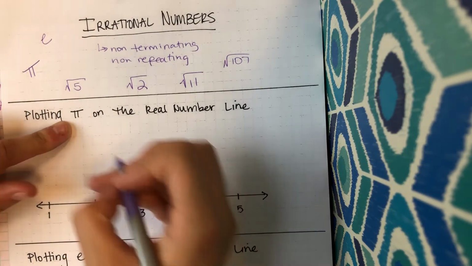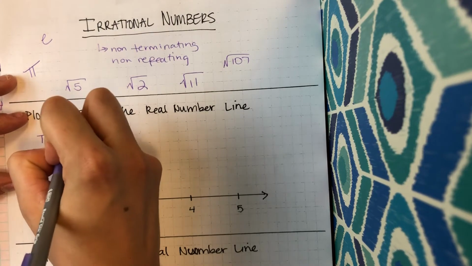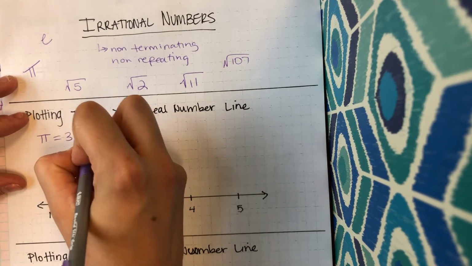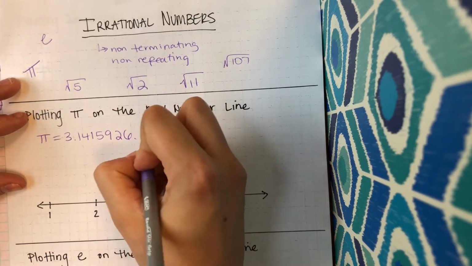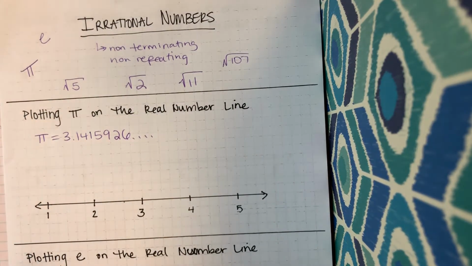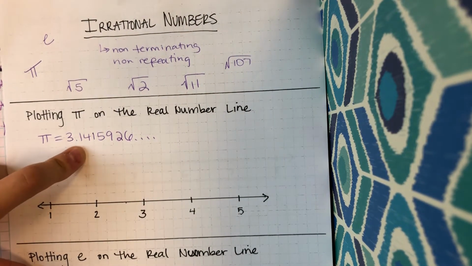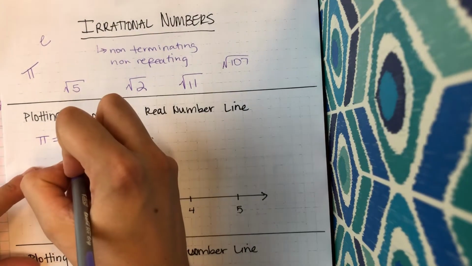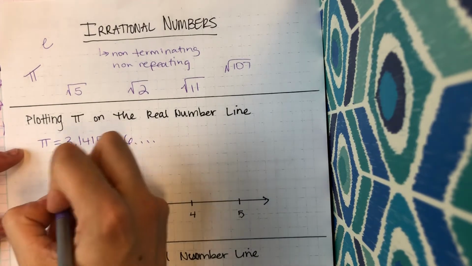So pi is the number 3.1415926, and it goes on forever, and it doesn't repeat, and it doesn't end. But the number 3.1415926 is going to be somewhere near the number 3.1.